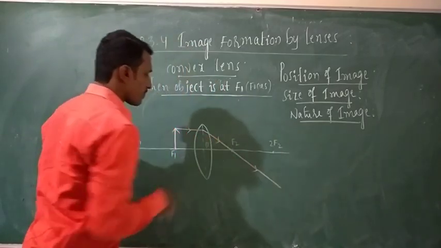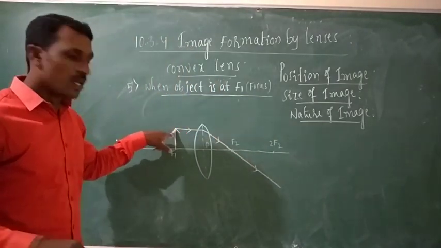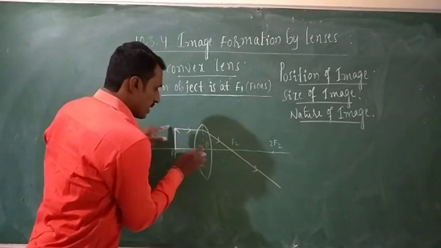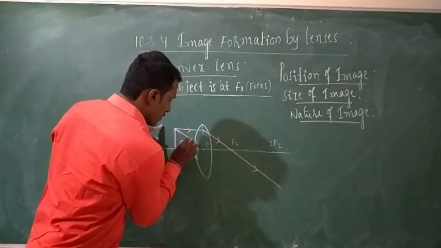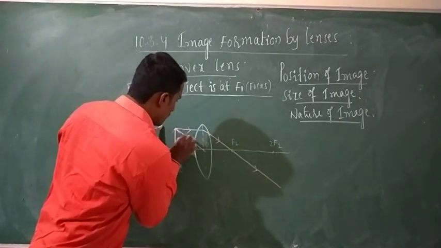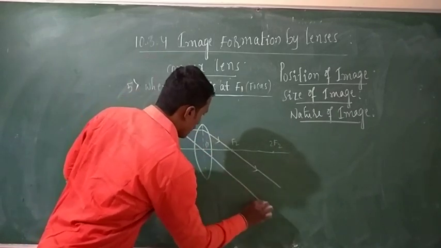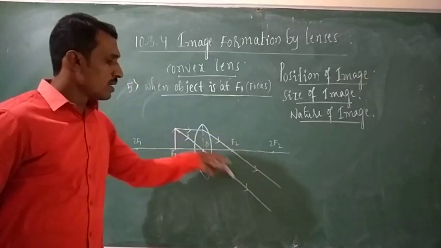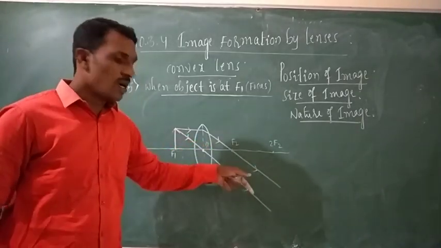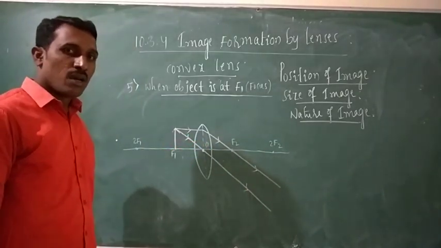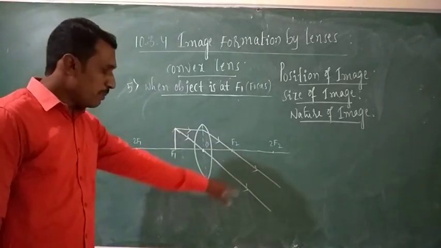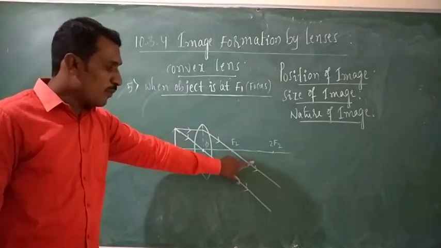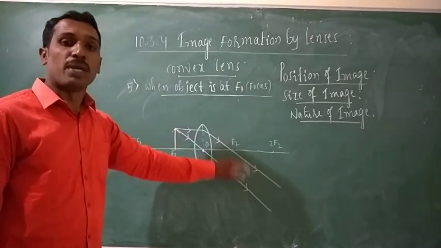Another one. The light ray passes through the optical center. After refraction, it remains undeviated. I told you, the image will form at a point where two refracted rays meet.